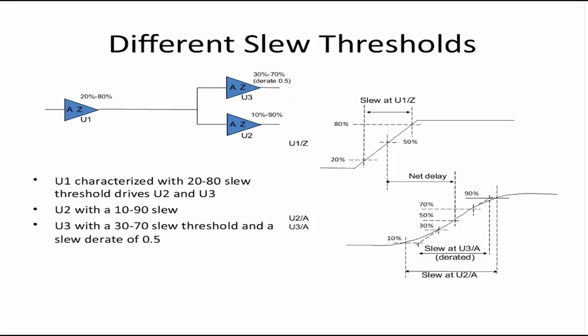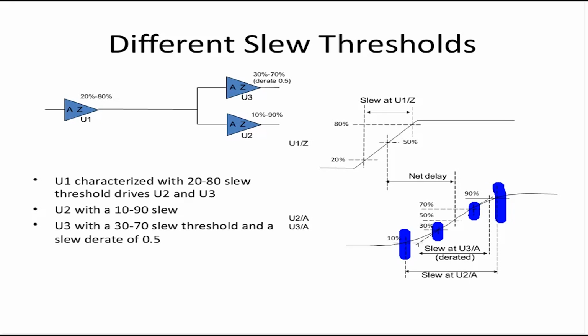How are they calculated? First, the waveform is plotted, and after plotting the waveform, what will PrimeTime do? For U2, it will take the 10-90 numbers. For U3, it will take the 30-70 numbers, but it will multiply that value by 0.5 because the derate is 0.5.